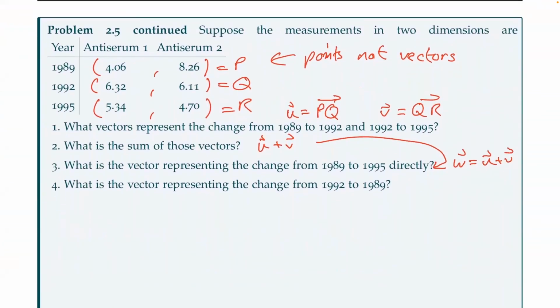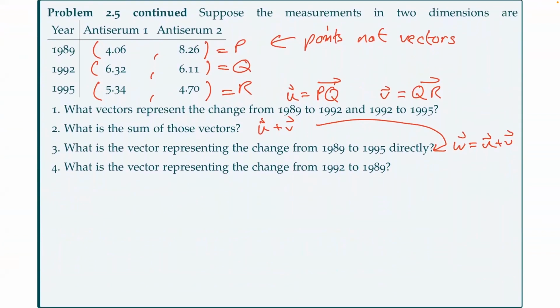How about the vector representing change from 1992 to 1989? What's this going to be? So we're going backwards in time now. What's this vector going to be?